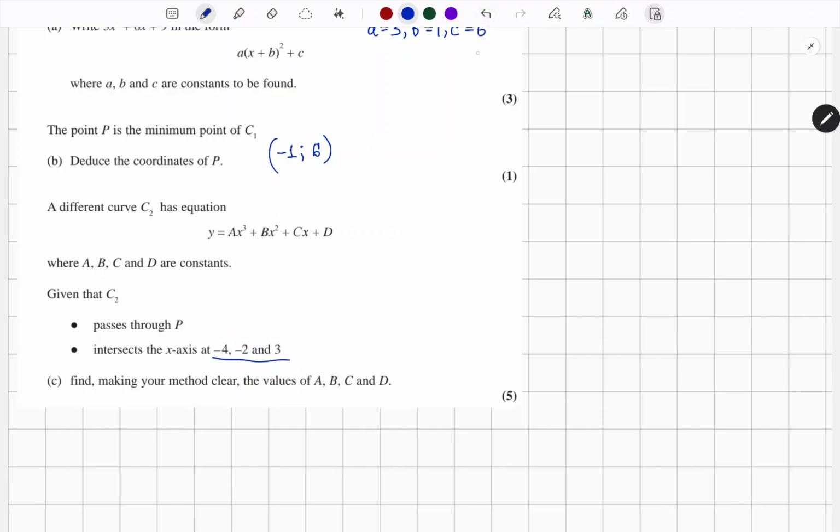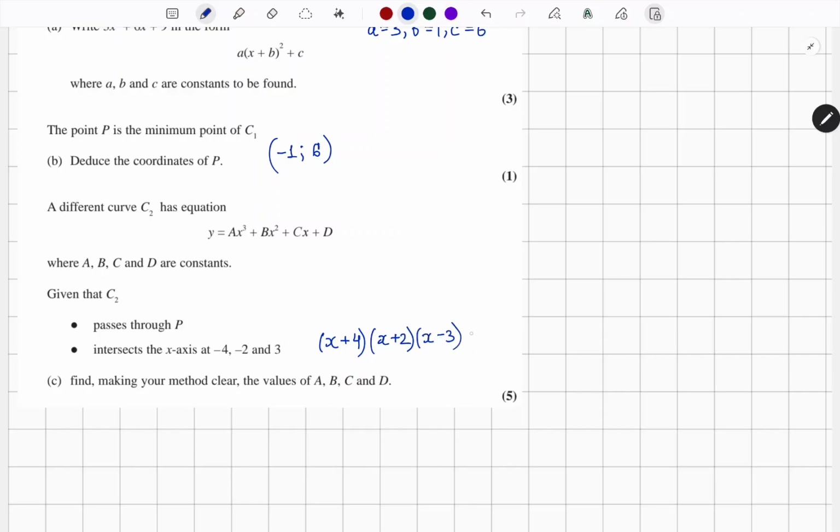If the roots are given, I can construct the linear factors based on each root. x minus the first root, -4, becomes x plus 4. Also x minus -2 is x plus 2, and x minus 3.